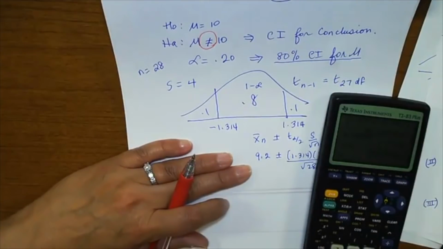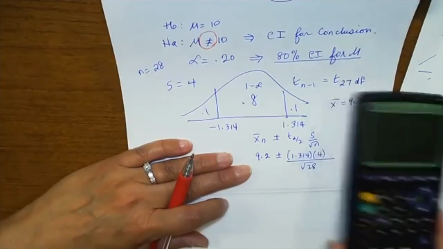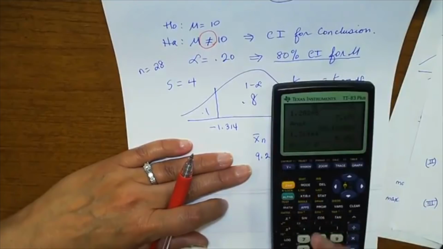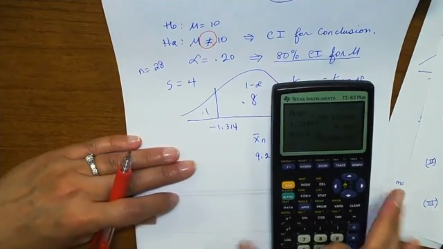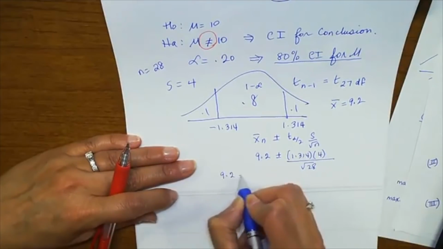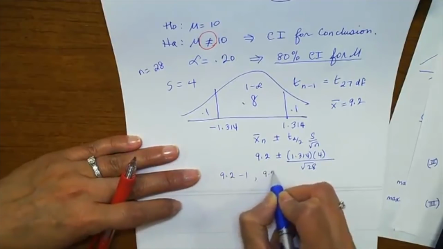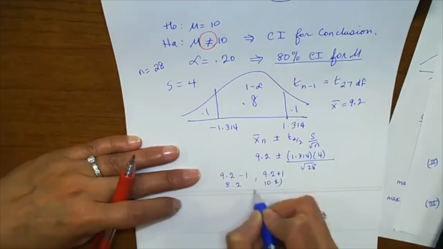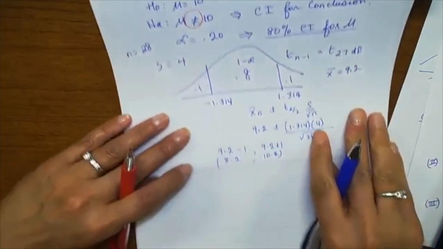Let's do it. 1.314 times 4 divided by root 28. 0.99. Perfect. Let's just call it 1. So 9.2 minus 1 and 9.2 plus 1. So this is 8.2 and 10.2. And guess what?